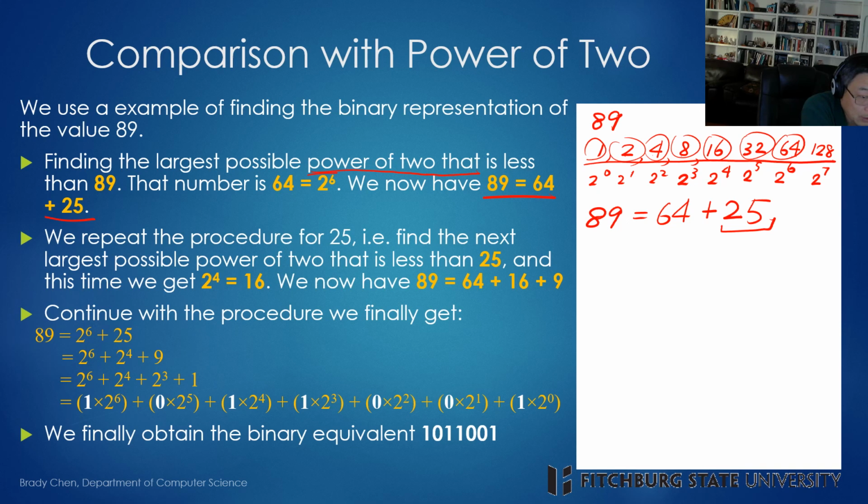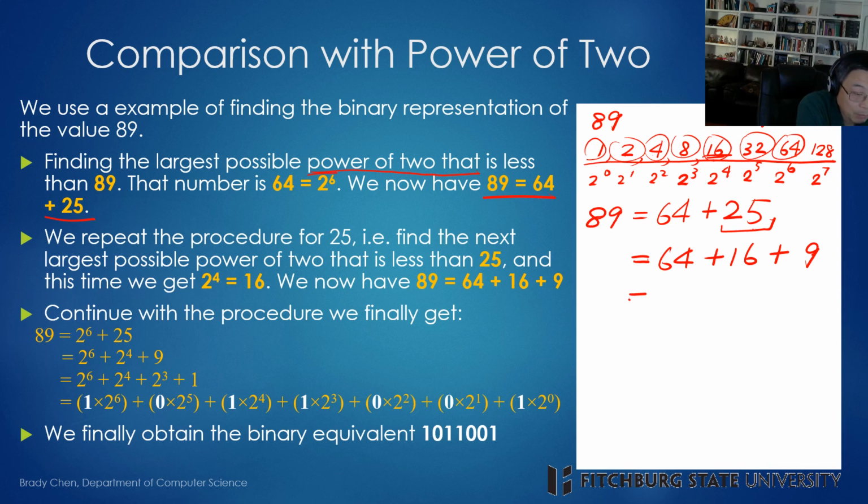We find out, okay, 32 is bigger than 25, but 16 is a power of 2, right? Which is less than 25. So then we can write 89 as 64 plus, and then we split the 25 into 16 plus, what is the next number? 9, right? So we split 25 into 16 plus 9.